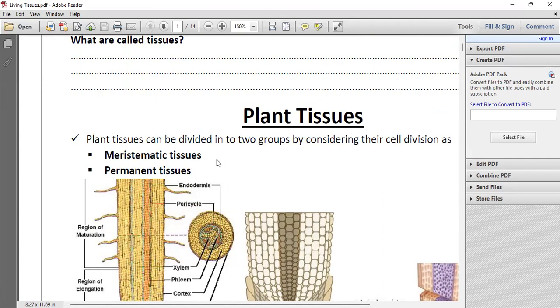Meristematic or permanent? Just come up with an answer. Permanent tissue should be stronger, right? They are very strong. So then meristematic tissue should be very weak, very soft, right?